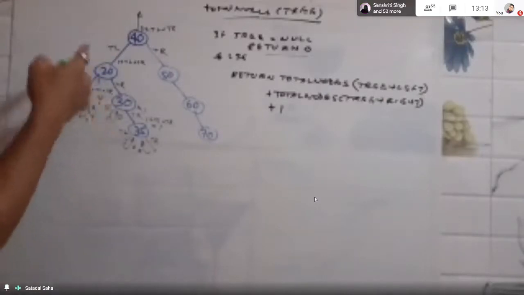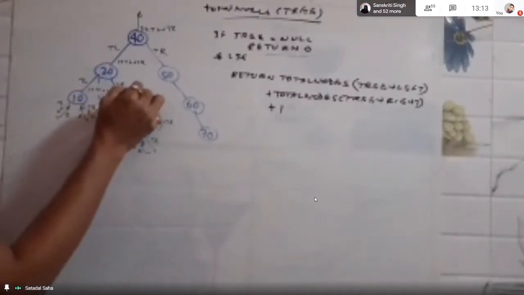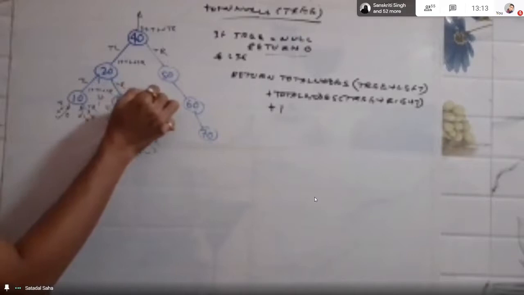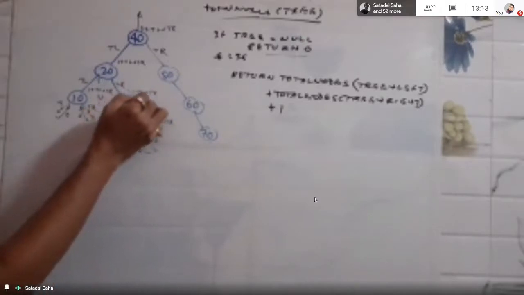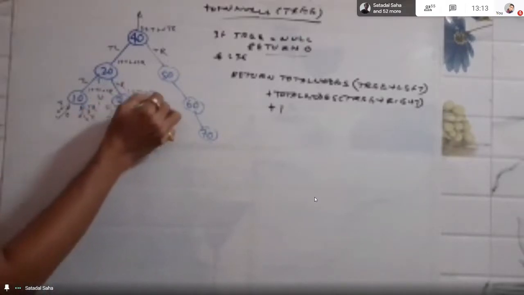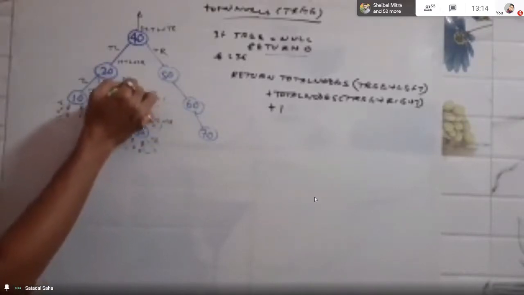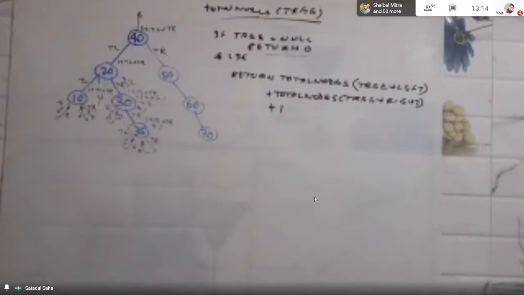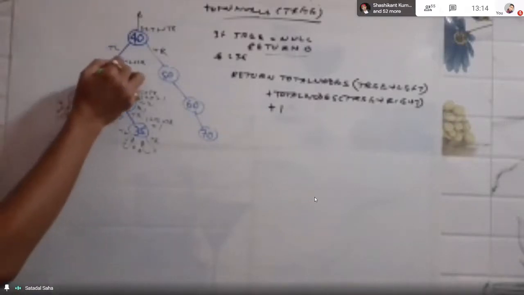Now what will 30 return? 30 will return 1 plus TL plus TR. That means 1 plus TL is 0, TR is 1. So this becomes 2. So 30 will return 2 to 20. Now what will 20 return to 40? 1 plus TL plus TR.